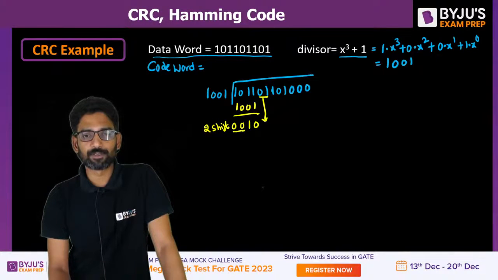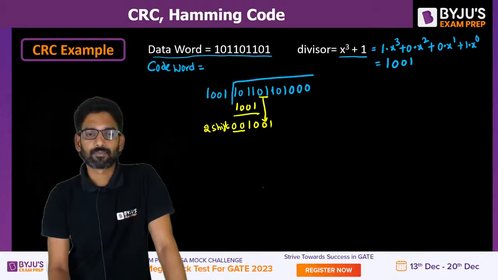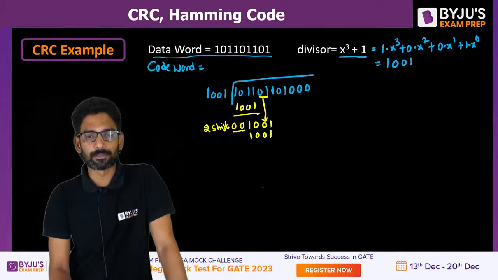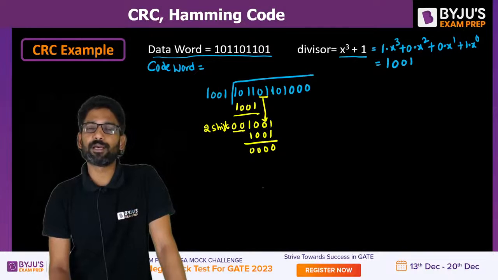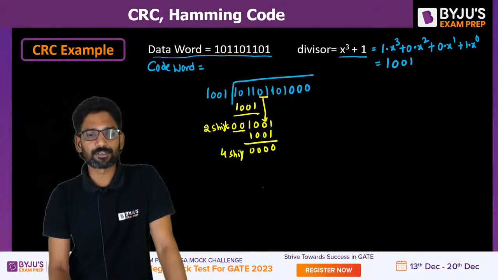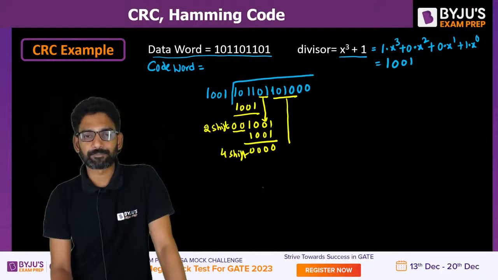Next 2 bits you borrow. 1001. When you do XOR, you get all 4 zeros. Do we have 4 bits to borrow? Yes. So apply 4 shifts and borrow 4 bits.